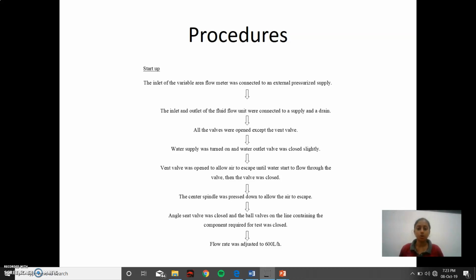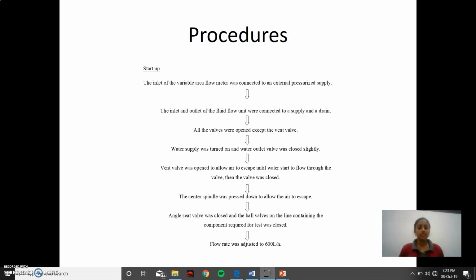All the valves were opened except the vent valve. The water supply was turned on and the water outlet valve was closed slightly. The vent valve was opened to allow air to escape until the water started to flow through the valve, and then the valve was closed. The center spindle was pressed down to allow the air to escape.